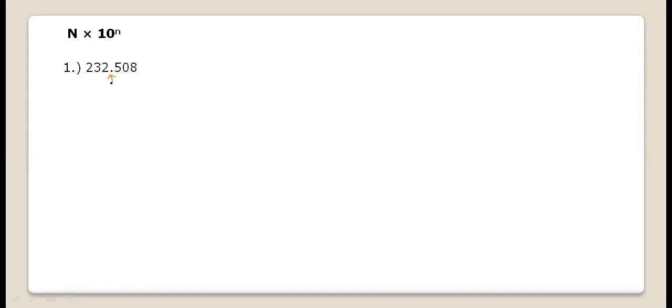If you move the decimal point one place towards the left hand side, you will get 23.2. If you move one more place, that is the second place, you will get 2.32. Now you can write that as 2.32 followed by the continuing numbers.